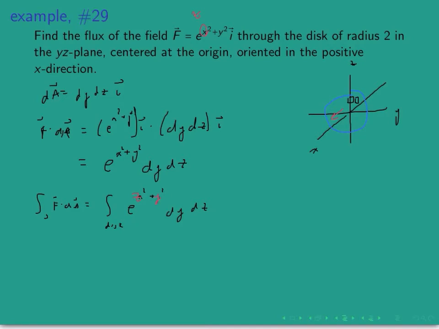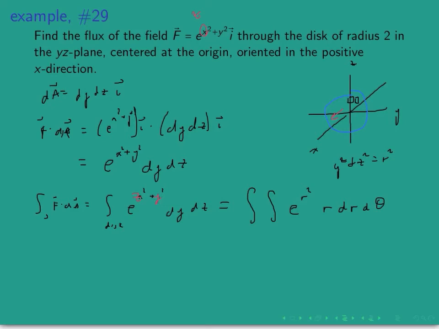There are no x's, and it's sort of begging to be turned into polar coordinates. So y squared plus z squared is going to be r squared. So we're going to do a double integral in polar coordinates. I'm going to integrate e to the r squared, and then the dA piece becomes r dr d theta.